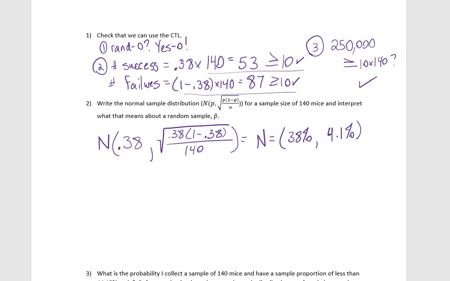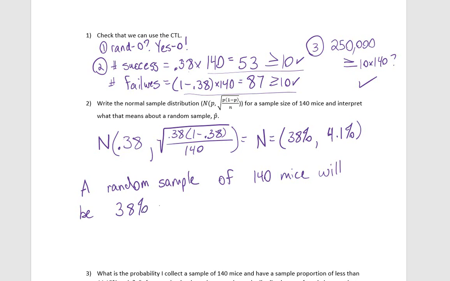So, here's what this means. It means a random sample of 140 mice will be 38% male, give or take 4.1%.